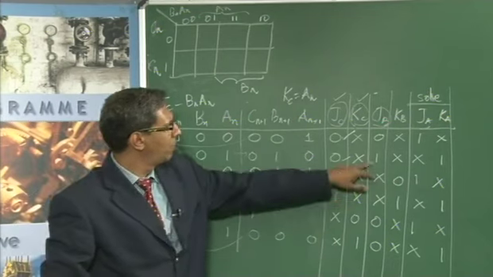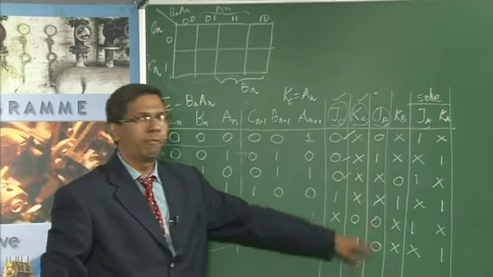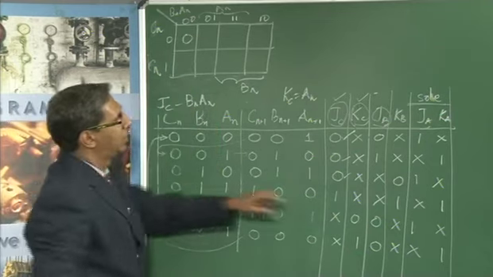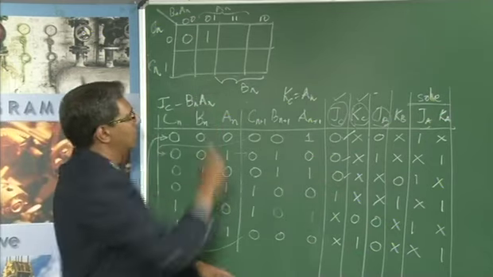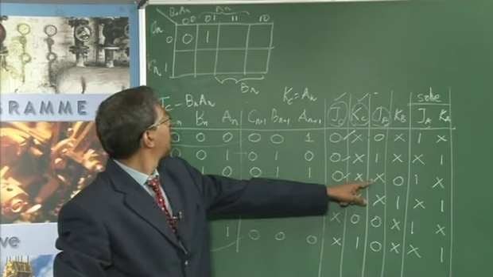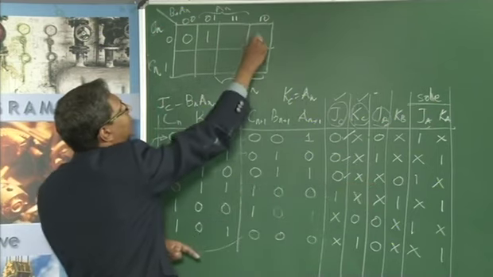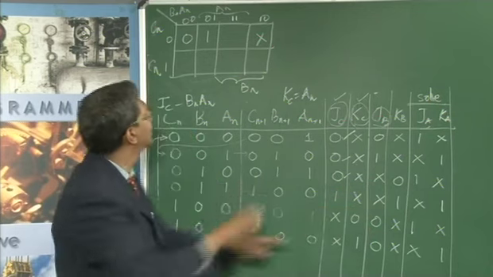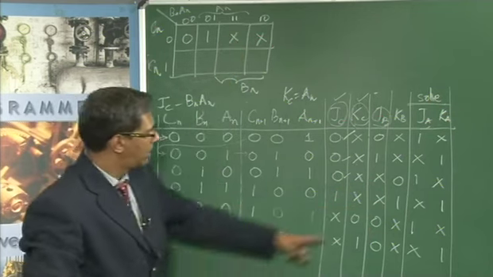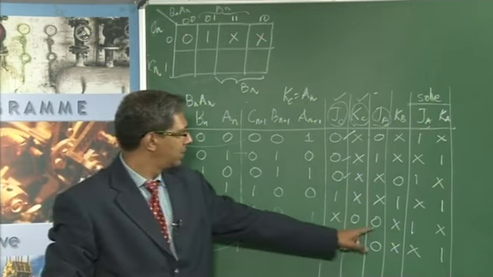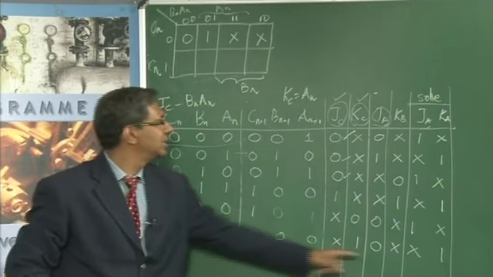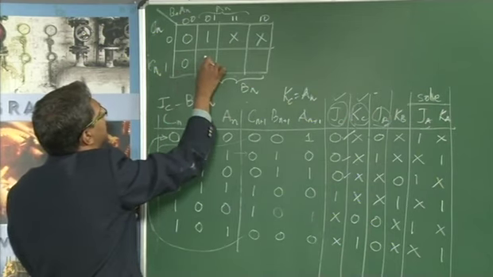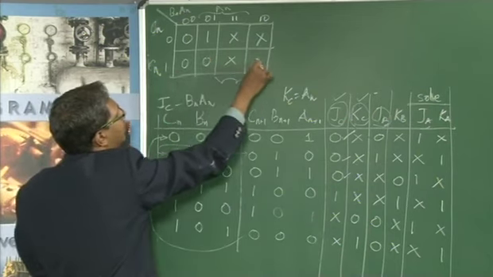So this is 0, 1, 2, 3, 4 and so on. For 0 it is 0, 1, then for 2 it is x, so 2 is here. For 3 it is again x. For 4 it is 0, and for 5 also it is 0. Rest all will be don't care.